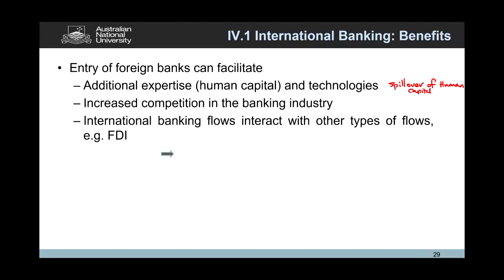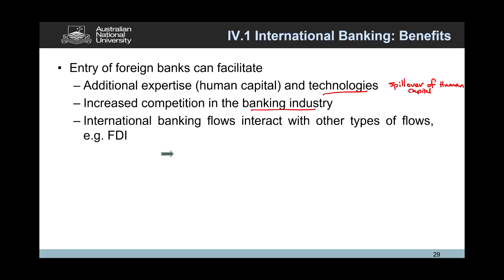Because we may have more banks in developed markets going into emerging markets. So the banks in developed markets can take their knowledge, know-how, and share this information with those of the local banks in an emerging market, helping them to become better and more sophisticated in their banking practices. So that's the first one.